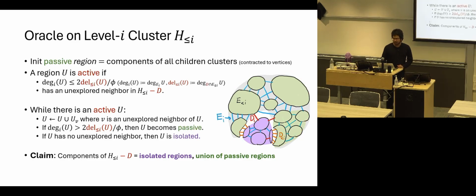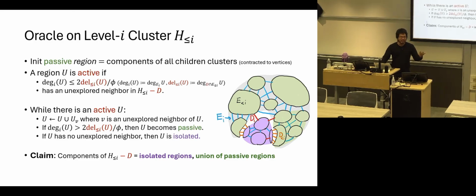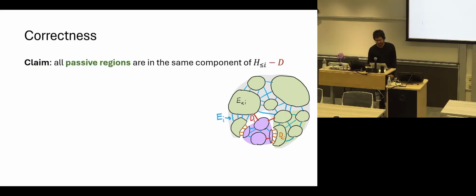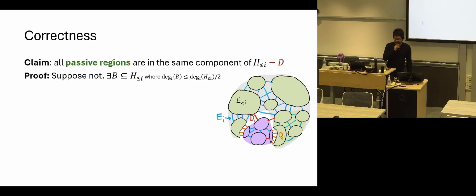Okay, so let's prove it. And the proof will follow the same template as before. We're going to prove that all passive regions are actually in the same component in H minus D. Suppose not, again.